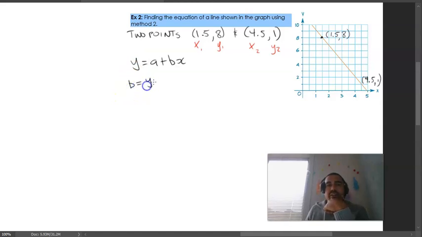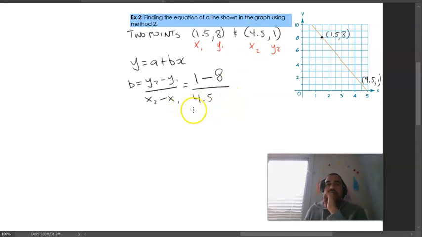So our b is just y2 take y1 over x2 take x1. Our y2 is 1. Take away our y1, which is 8. And that will yield our negative answer. Our x2 is 4.5 and our x1 is 1.5. Okay.